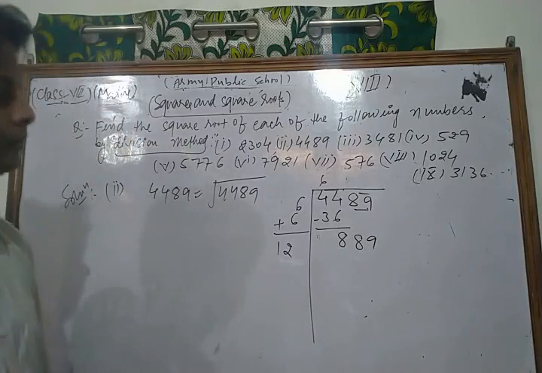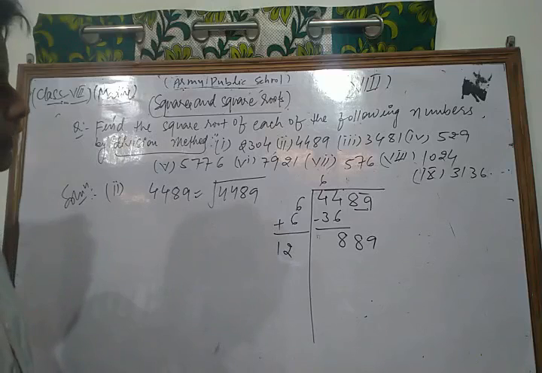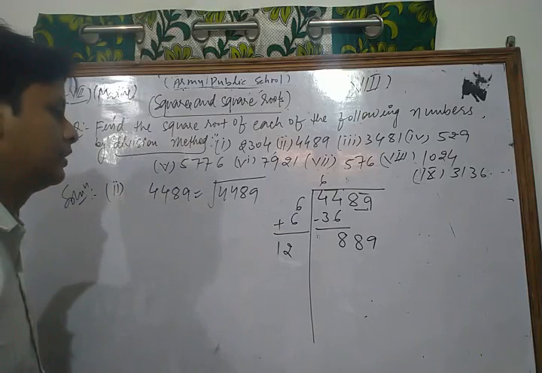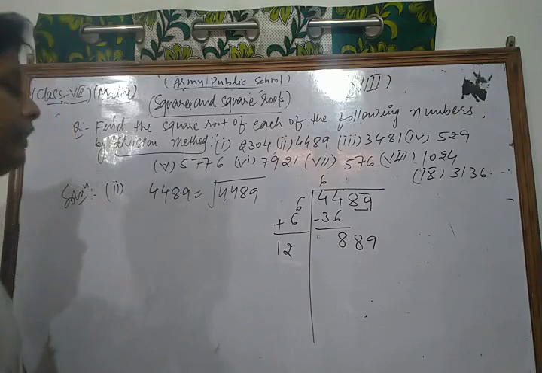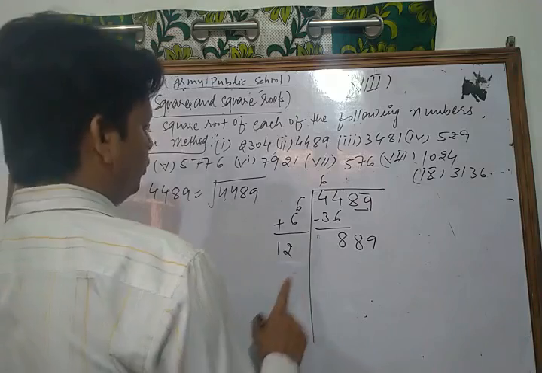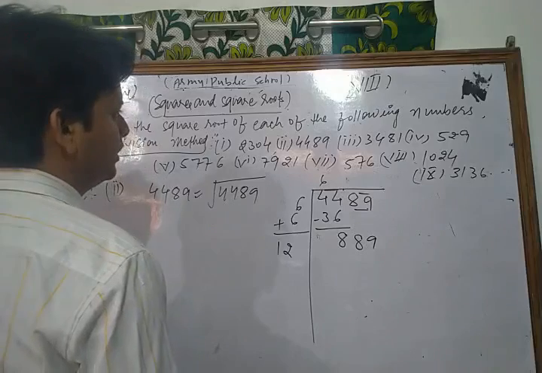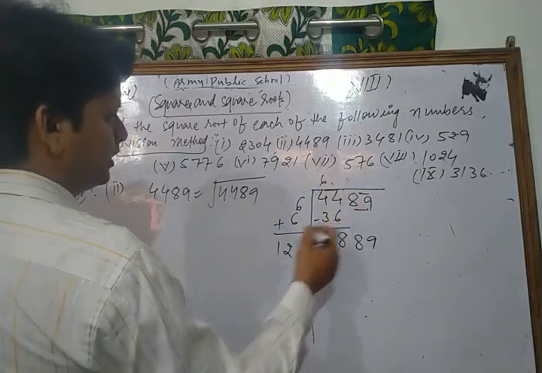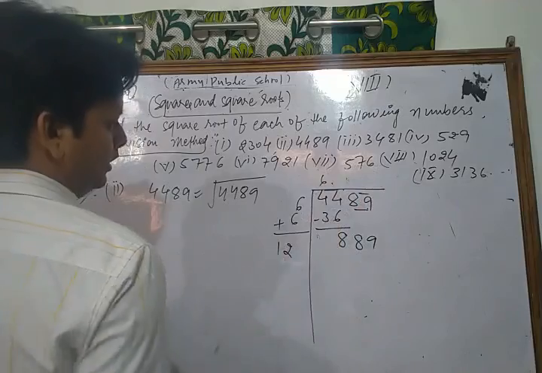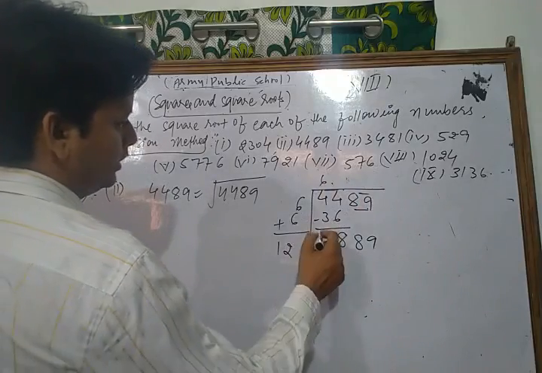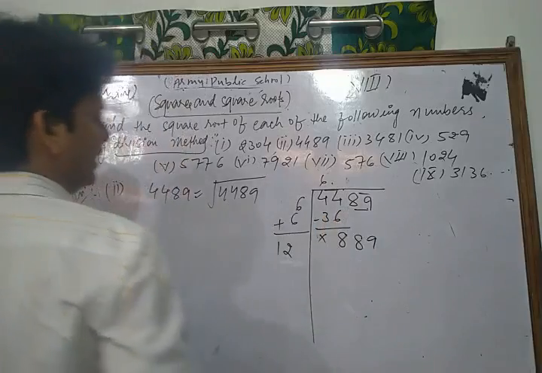Let's see, dear students. If we take 3, 6 6 is 36, and so on. Now 89 is written in that place.